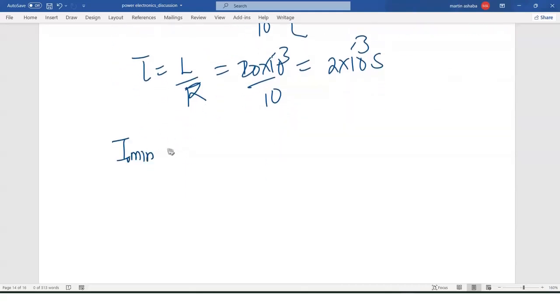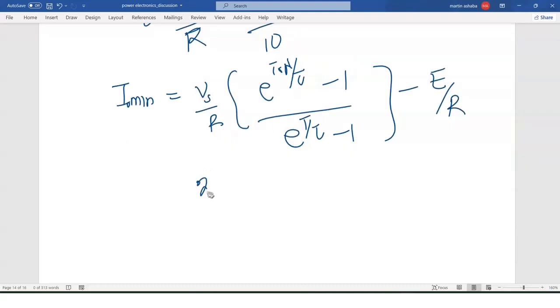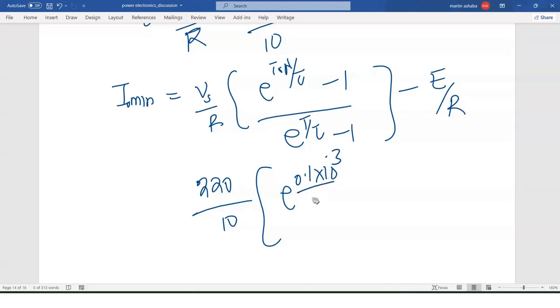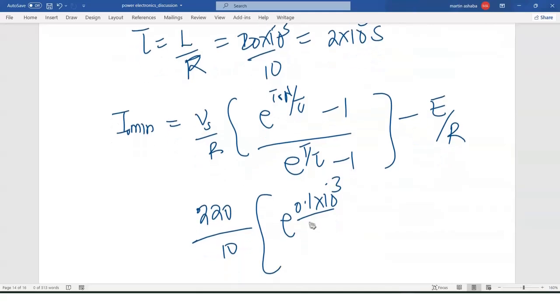So the I naught min is given by Vs divided by R into (e^(Ton/tau) minus 1) divided by (e^(T/tau) minus 1), then minus E over R. So this is going to be 220 divided by R, which is 10, into exponential of Ton, which is 0.1 times 10 power negative 3, divided by tau, which is 2 times 10 power negative 3, minus 1, divided by exponential of the period.